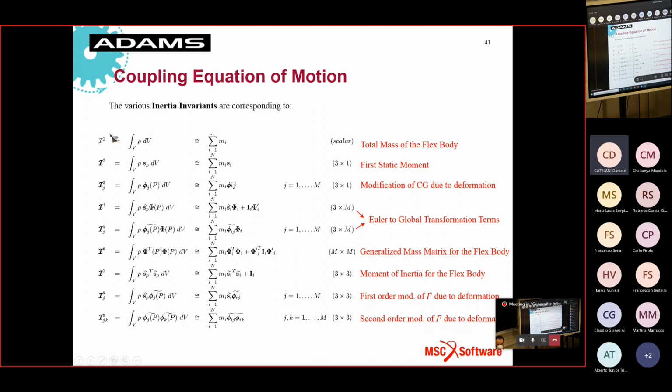Then, if you use invariants 1, 2, 3, 4, 7, 8, we have the so-called partial effect of flexibility with the first order of the modes. If we include also 5, 6, and 9, we have second order terms included, and we have the full description of flexibility.